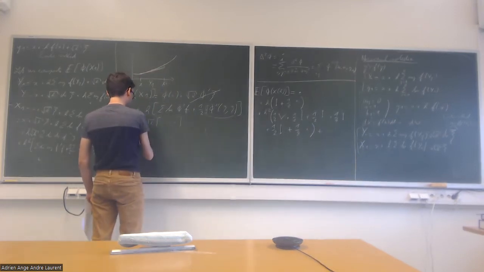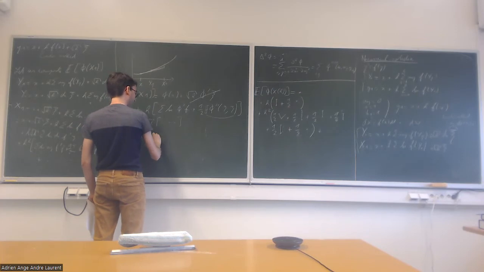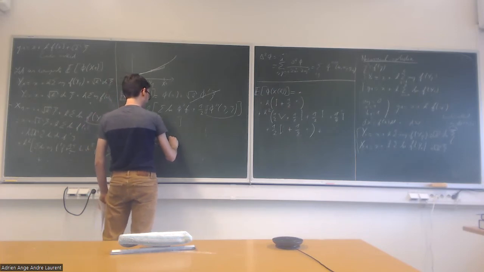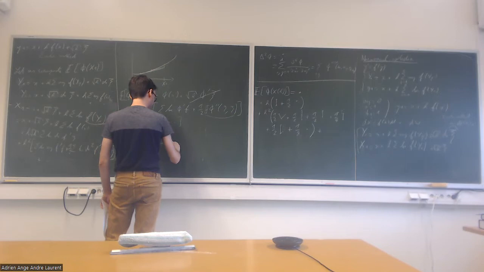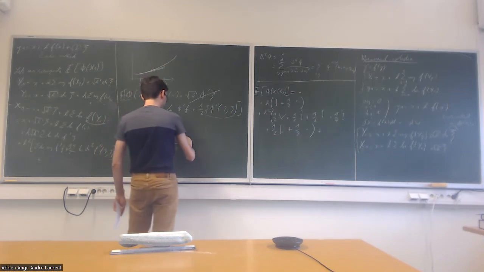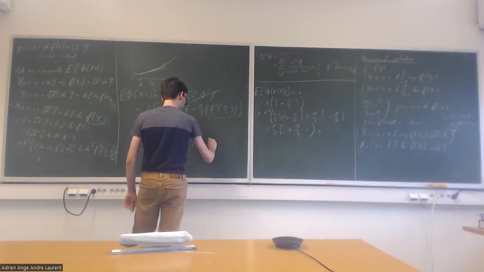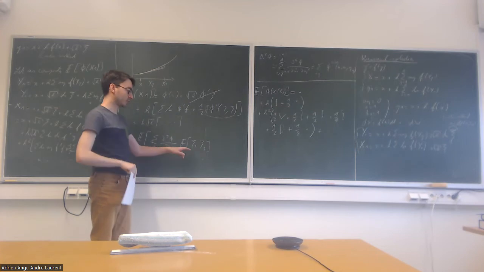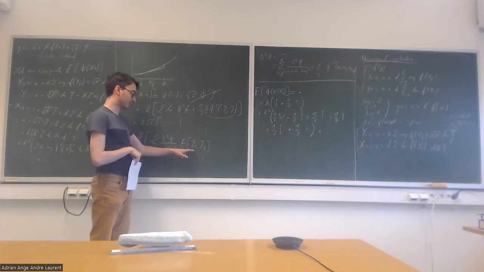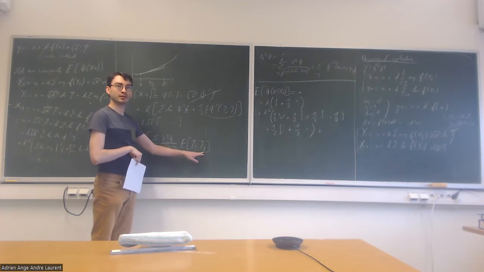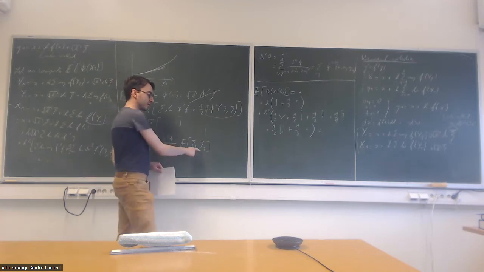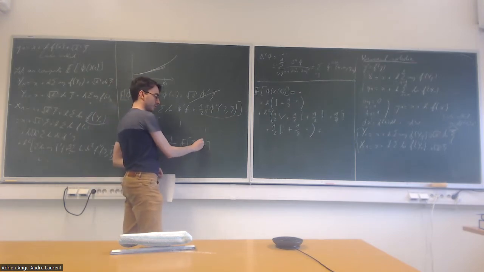This is the expectation of the sum of I of d by dx j, expectation of psi I psi j. And we've used that a lot in the course already, but the expectation of the product of independent Gaussians is 0, because if I is different from j, you can just split it.